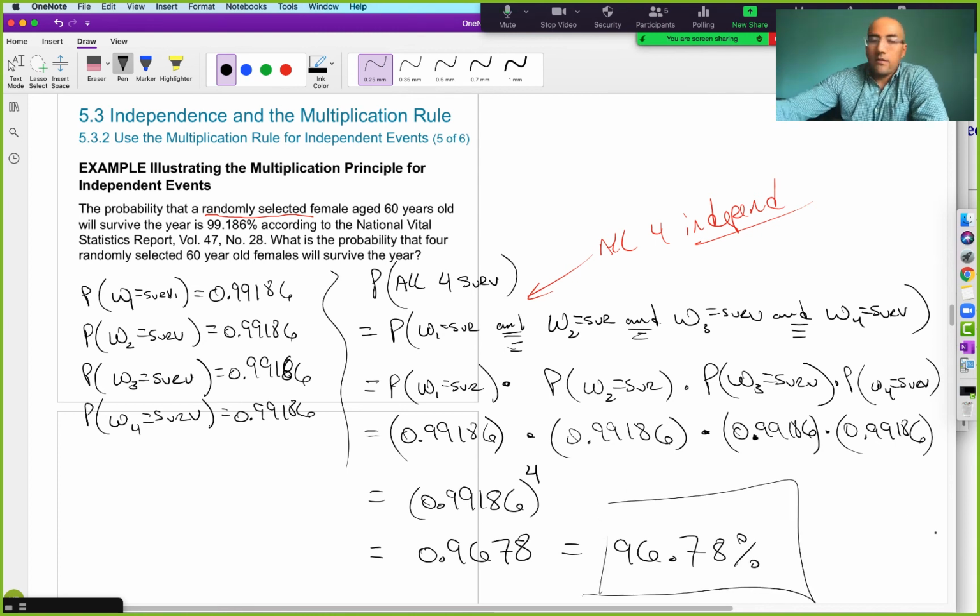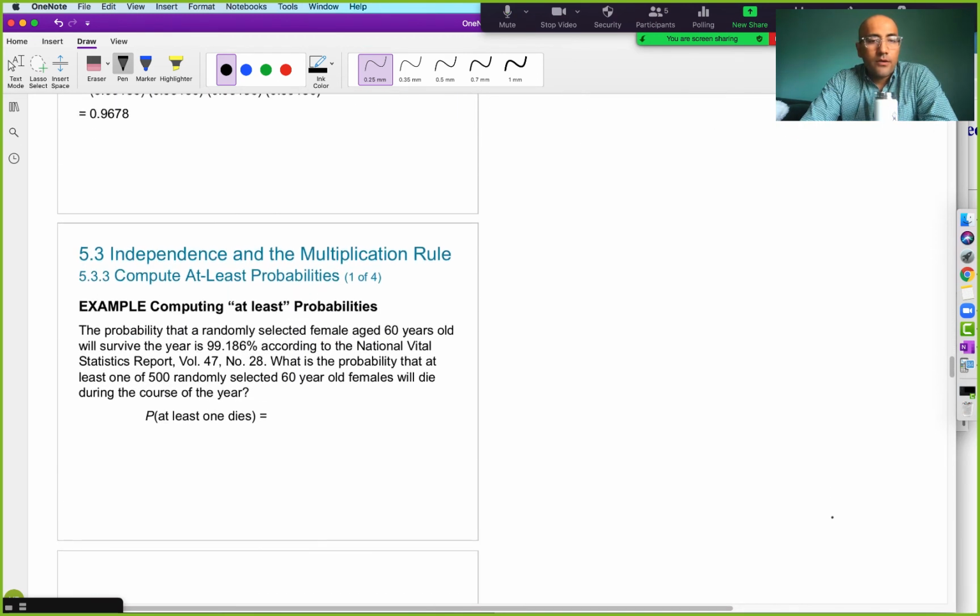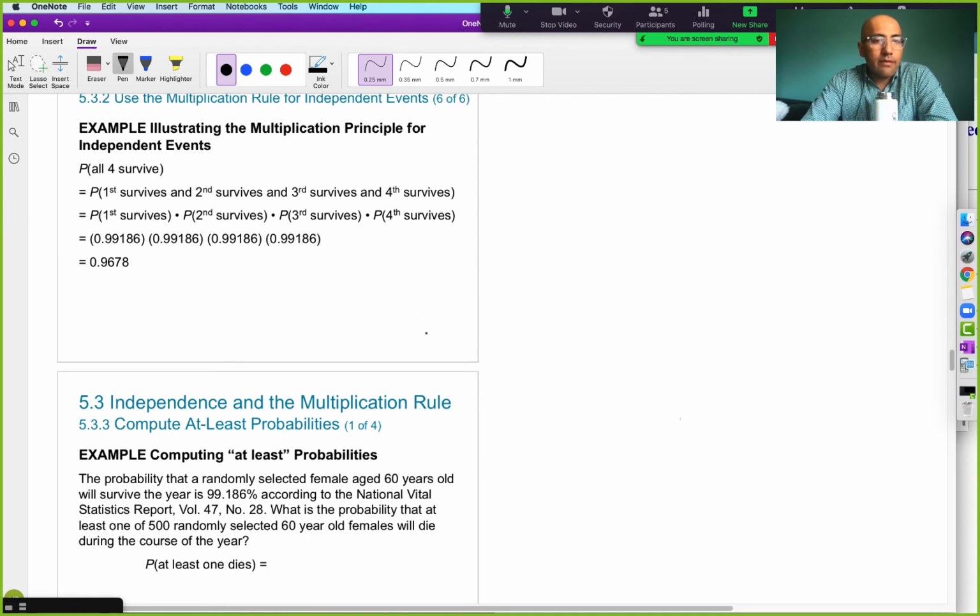The probability that exactly one of them will survive is 99.186%, but the probability that all 4 of them will survive is 96.78%. So it's starting to slowly creep lower, right? Any questions? No? Okay, so then the author did the same thing.